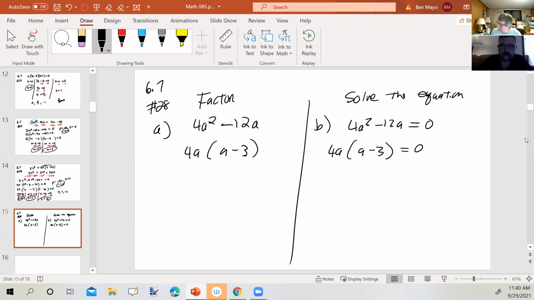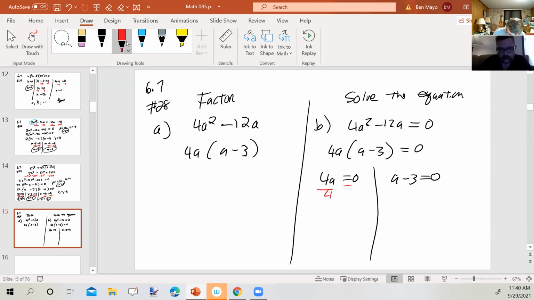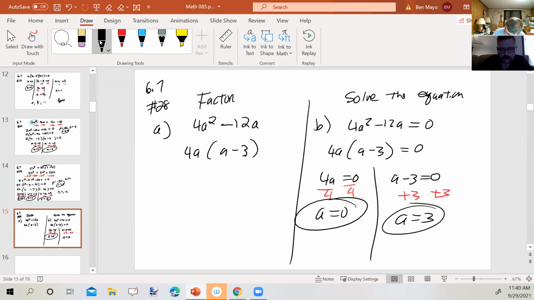Taking each factor and setting it equal to 0: 4a equals 0, a minus 3 equals 0. 4a equals 0, divide both sides by 4, and we get a equals 0. a minus 3 equals 0, add 3 to both sides, and we get a equals 3.